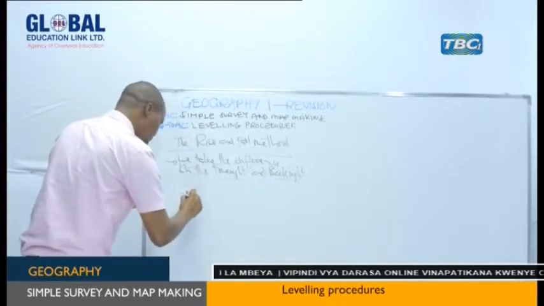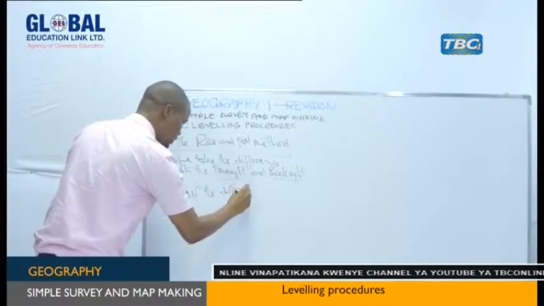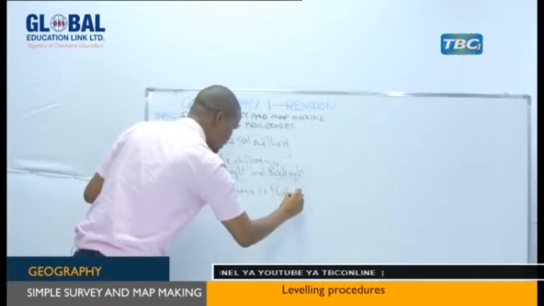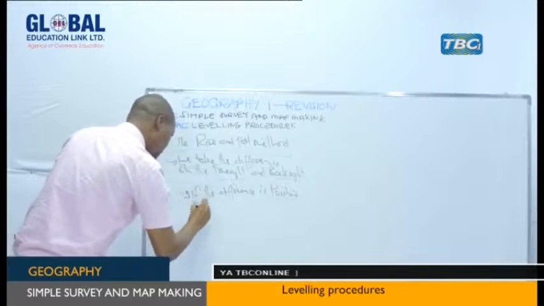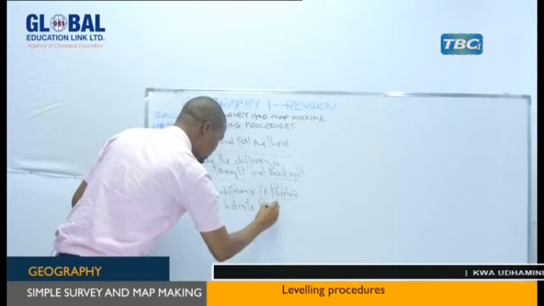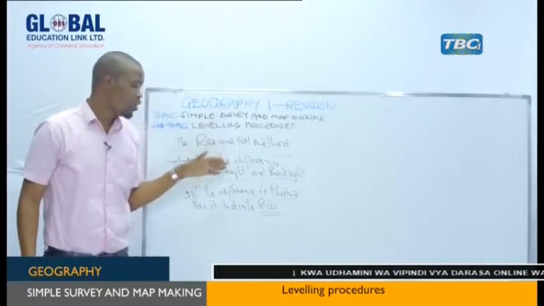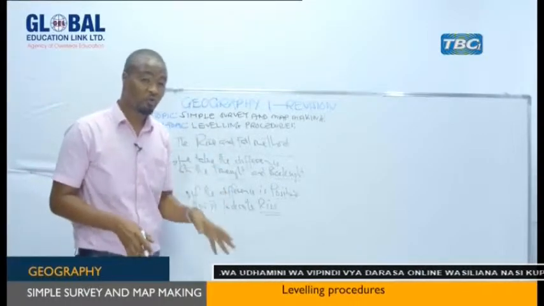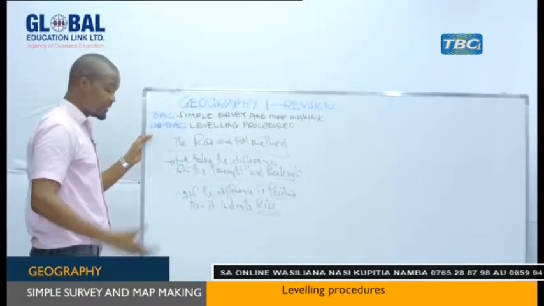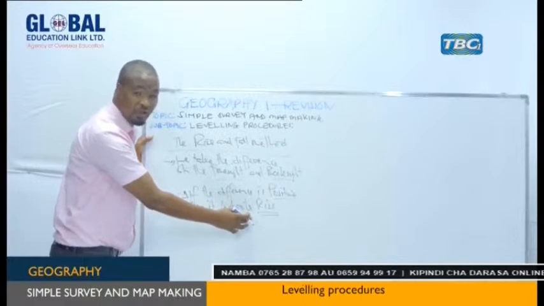Then they say if the difference is positive, then it indicates there is a rise. So in this method, to know if there is a rise or fall between the two points, we take the difference between the foresight reading and the backsight reading. If the difference is positive, then it indicates there is a rise between the two points.